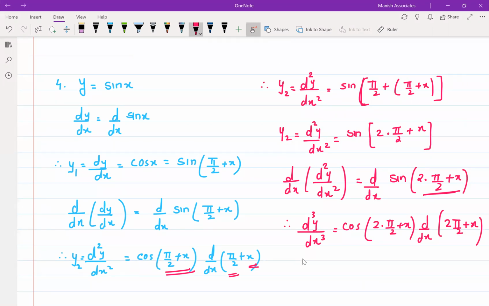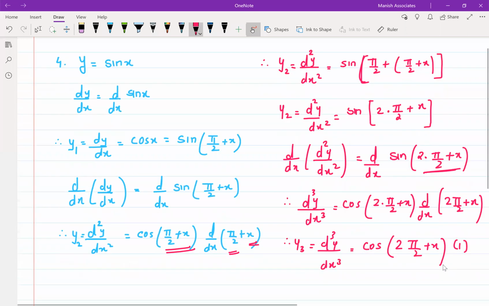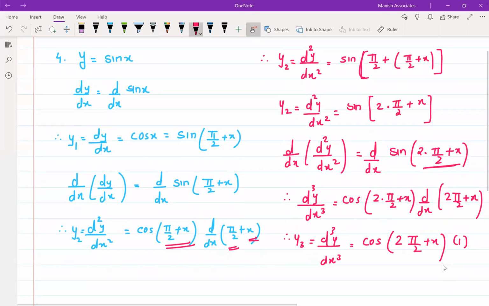that correct? So your third order, which we can write as y3, will be nothing but what? It is going to be equal to say cos of 2 times pi by 2 plus x into 1, because derivative of 2 pi by 2 is 0 and derivative of x with respect to x is what? 1. Okay. Now we have finished this much, but I told you that we have to get always in terms of sine.